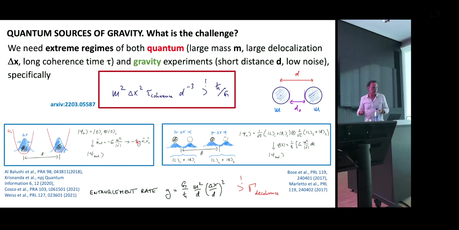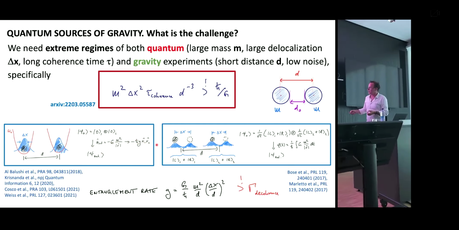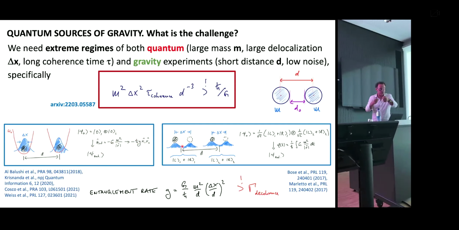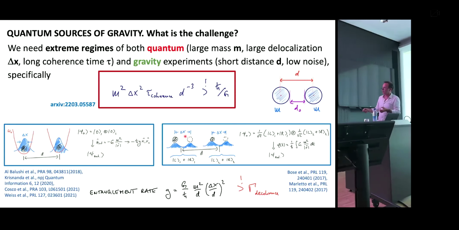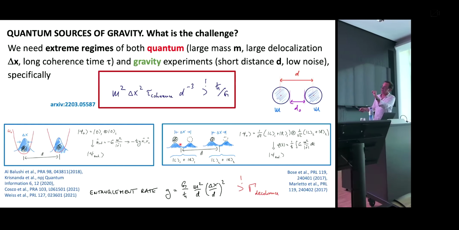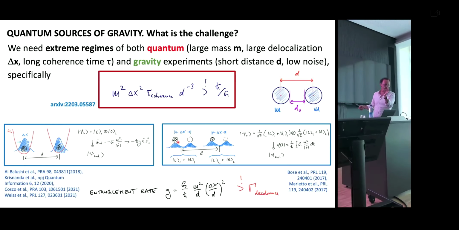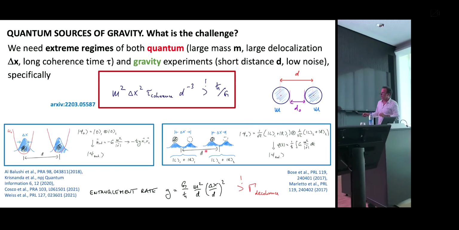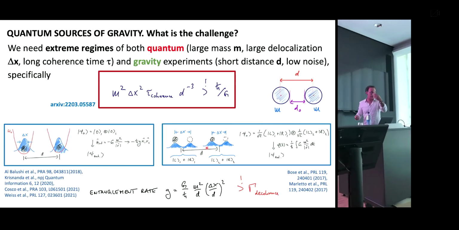On the other hand, an alternative way is to start off with two non-Gaussian states of your masses in a superposition of delta x, where delta x is now the distinctness in the center of mass degree of freedom in the cat states. Again, at a separation d, and what happens now is exactly what I told you before. You now have this gravitational gradient, you have the phase.